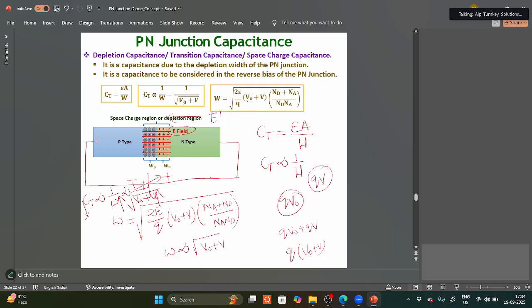So the relationship between depletion capacitance and width is inverse. As you increase V, the width increases, and as width increases, capacitance decreases. Did you understand how I am doing this in the reverse bias condition? Depletion capacitance and transition capacitance.